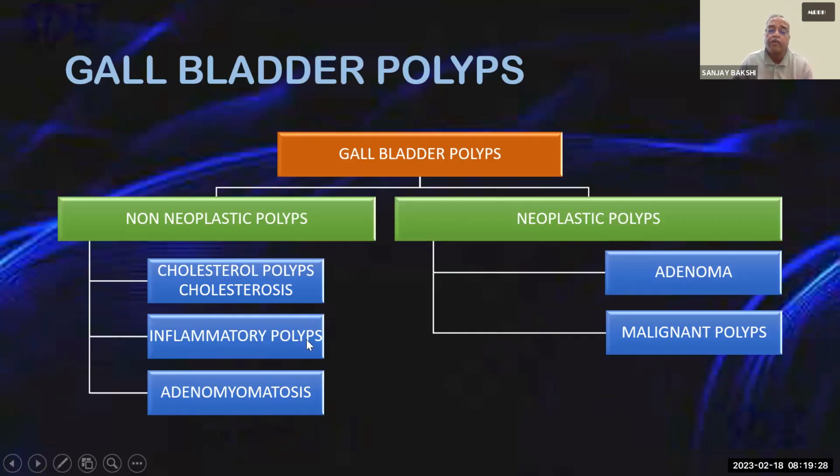And you talked of something called adenomyomatosis, where, I wish I could draw, there are sinuses. They're called the Rokitansky-Aschoff sinuses in the mucosa of the gallbladder, and you have cholesterol deposits there. That leads to inflammation, sometimes even localized perforation. With adenomyomatosis, that's the only time we get worried.